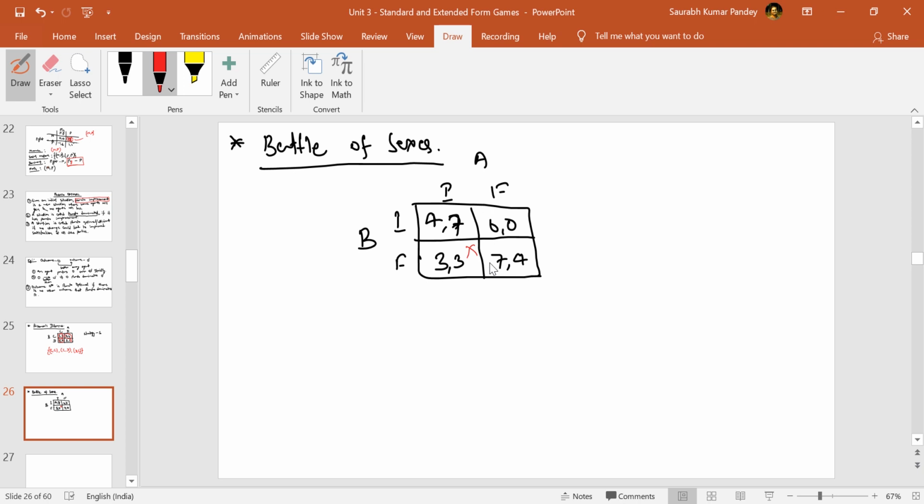So definitely you cannot go, because one is gaining and one is losing. One is gaining doesn't mean that one should lose. Similarly 7 is losing its utility but 4 is gaining, so you cannot. So in this way we can say that you have two states, which are those two states or strategies, II and FF, which are Pareto optimal.